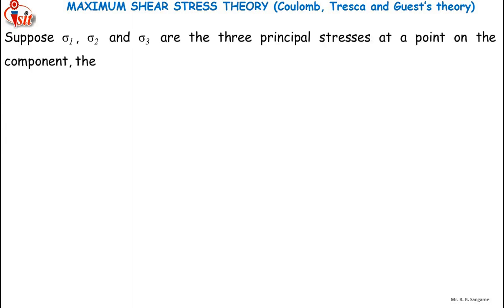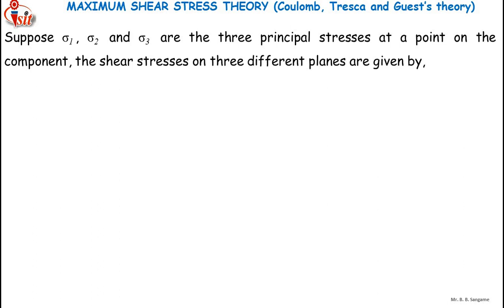Next I am going to plot the safe region. Suppose sigma 1, sigma 2 and sigma 3 are the three principal stresses at a point on the component. The shear stresses on the three different planes are given by tau 1 2, which equals sigma 1 minus sigma 2 by 2.